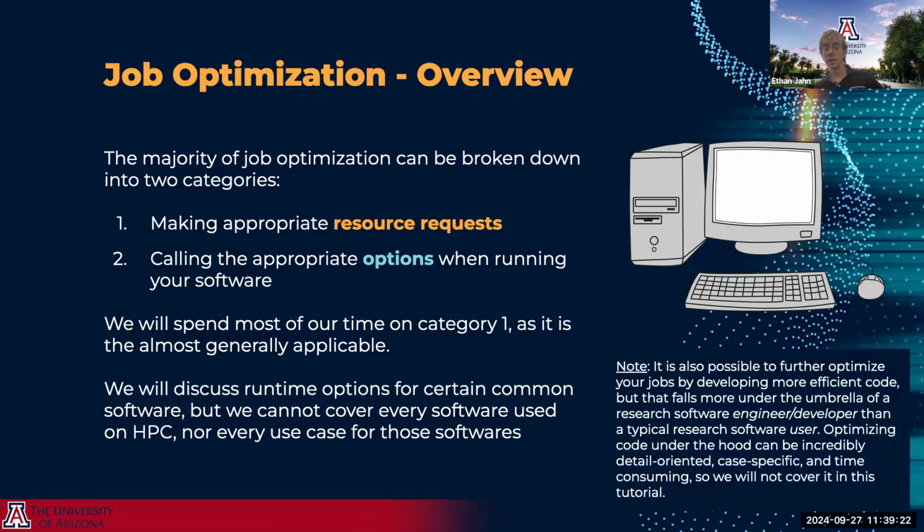So as a note, it is possible to further optimize your jobs by developing more efficient code, but that falls more under the umbrella of research software engineering than a typical research software user. That generally means cracking open the hood of your software and managing the different parallelization algorithms that might be going on underneath. And if that's your speed, that's awesome, but most users aren't really going to be doing this. So that's not something that we're going to be covering in this presentation.